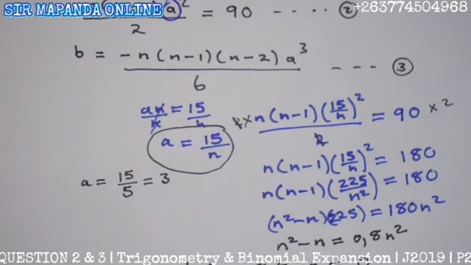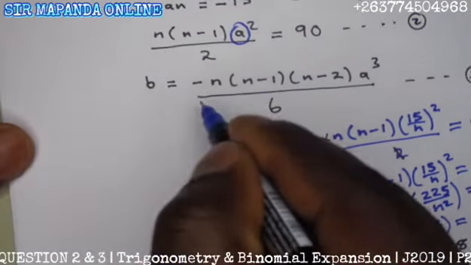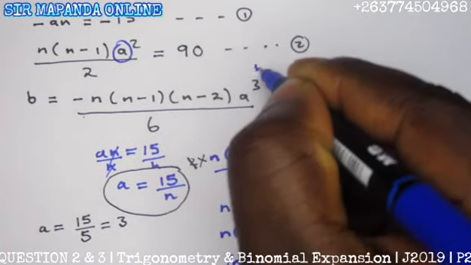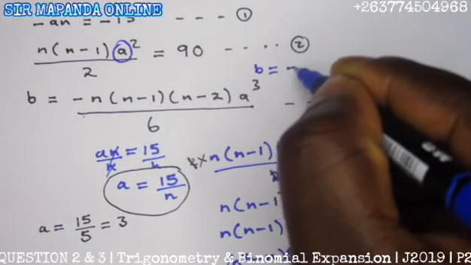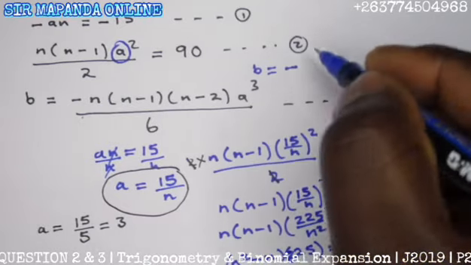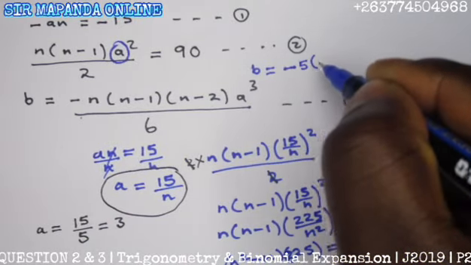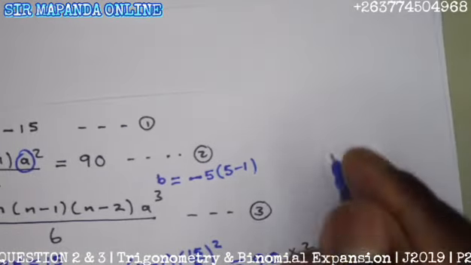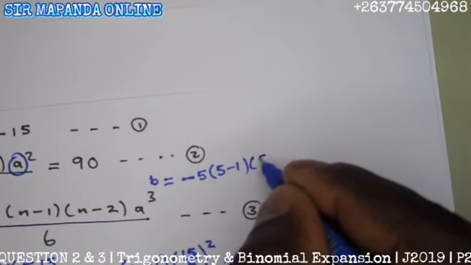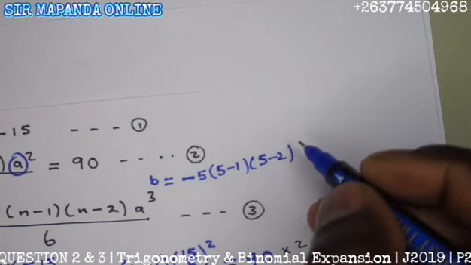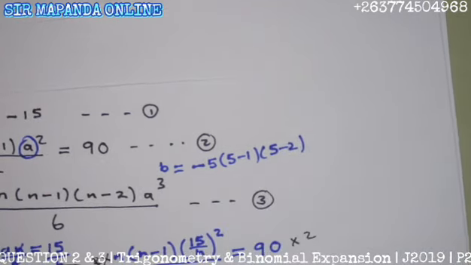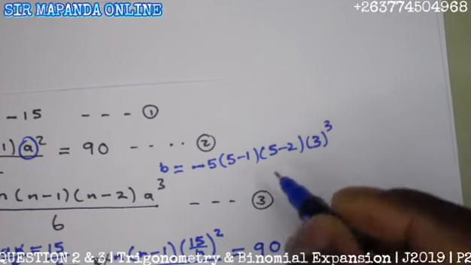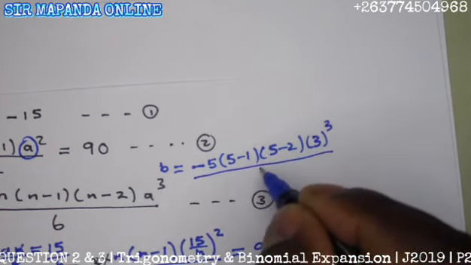So if we substitute this, you get b is equal to minus, you put 5 for n, so you get minus 5, open bracket, 5 minus 1, then you write 5 minus 2. Then a, we calculated as 3. So here you get 3 to the power of 3. Then you divide by 6.